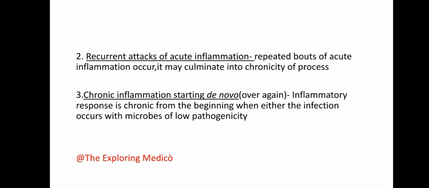Repeated bouts of acute inflammation occur. It may culminate in chronicity of the process. Third, chronic inflammation starting de novo. Inflammatory response is chronic from the beginning when the infection occurs with microbes of low pathogenicity.